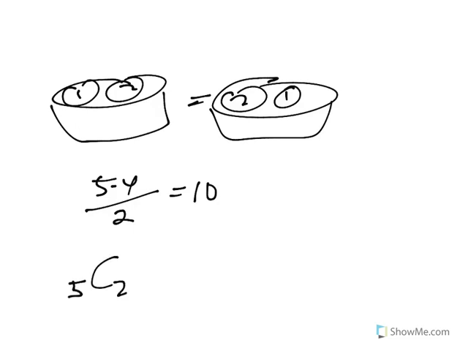Mathematically speaking, we say 5C2 equals 10. That's combinations of 5 things where we choose 2 of them, and the order doesn't matter, meaning if I take the same things in another order, it doesn't count as a new thing. So that's the difference between combinations and permutations.